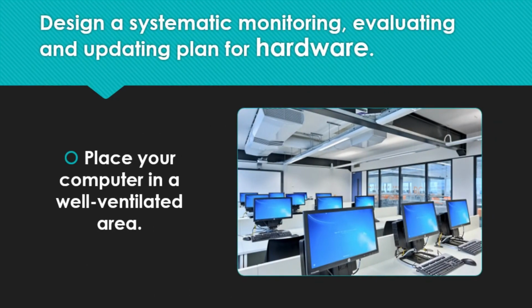Let's start with designing a system monitoring, evaluating, and updating plan for your hardware. Make sure to place your computer in a well-ventilated area. This will allow proper circulation of air inside the computer unit.